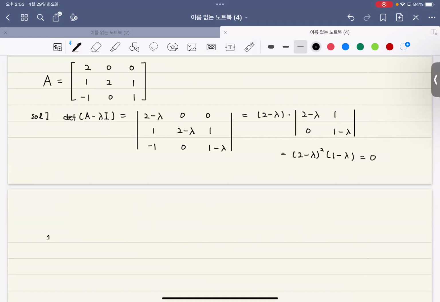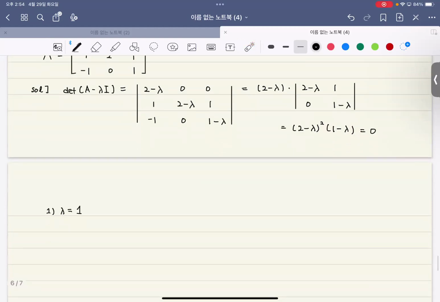So case number 1, eigenvalue 1. In this case, its algebraic multiplicity is 1, and the geometric multiplicity is always at least 1 and has to be at most the algebraic multiplicity. So the algebraic and geometric multiplicities of this eigenvalue are the same. But anyway, let me find this.